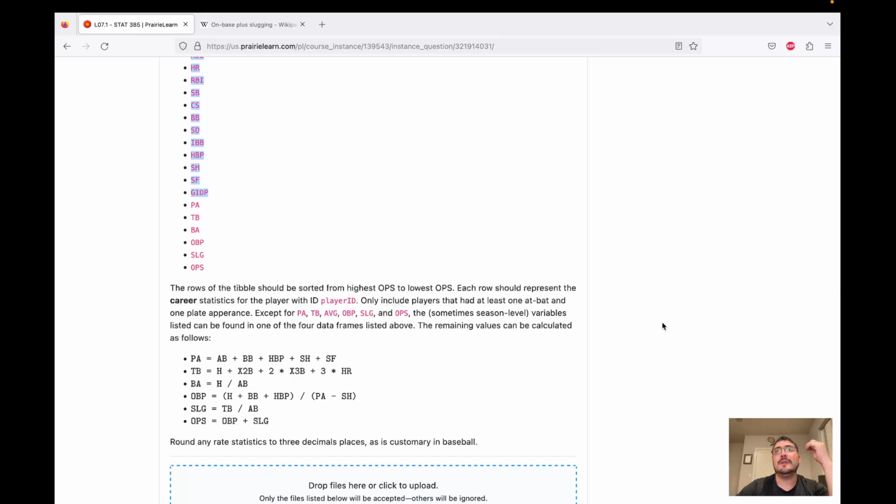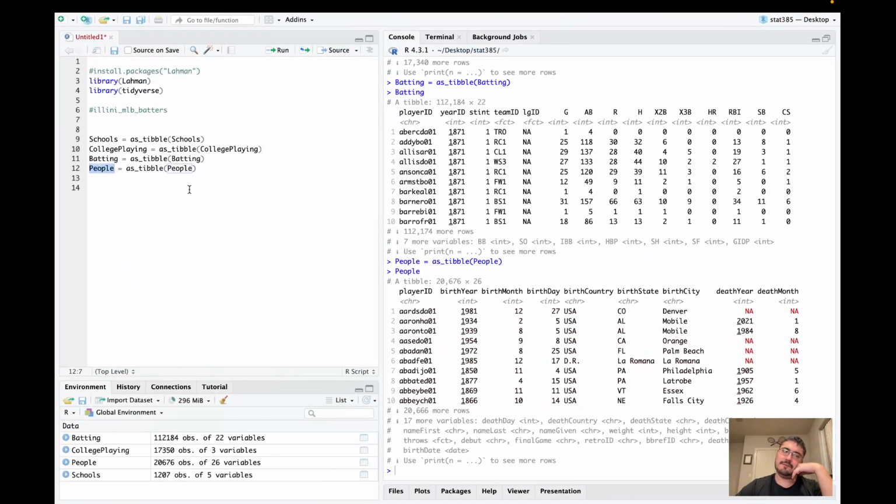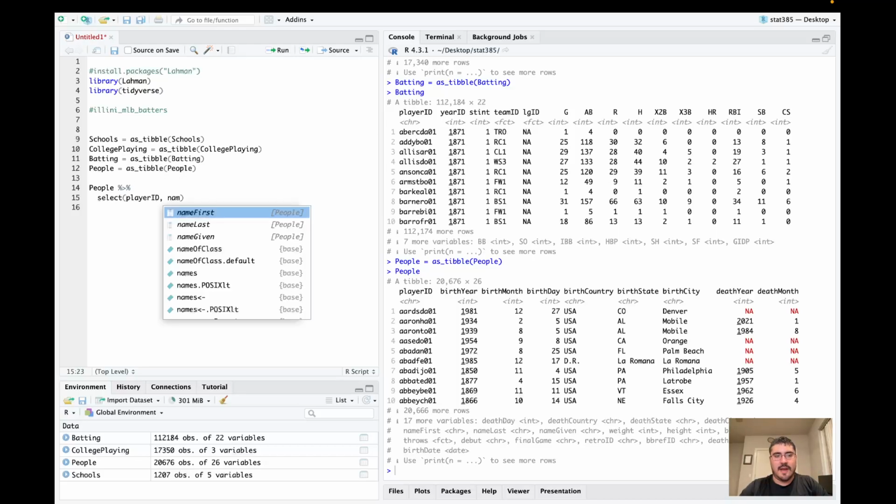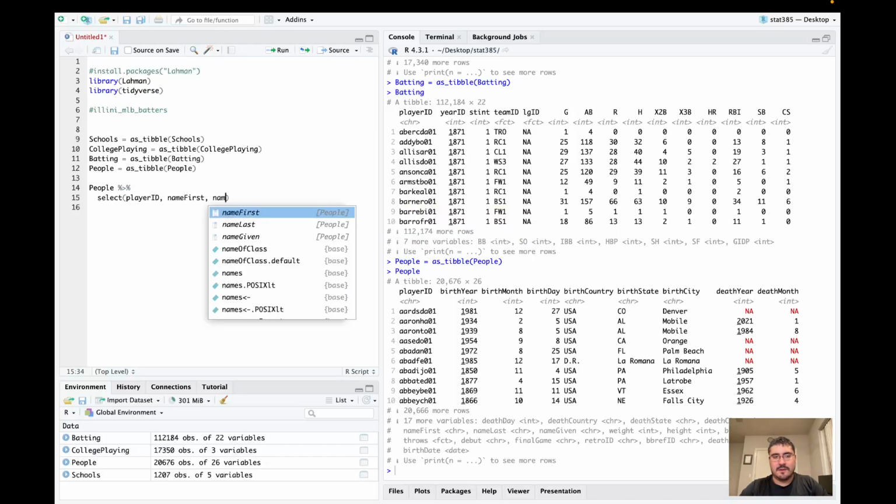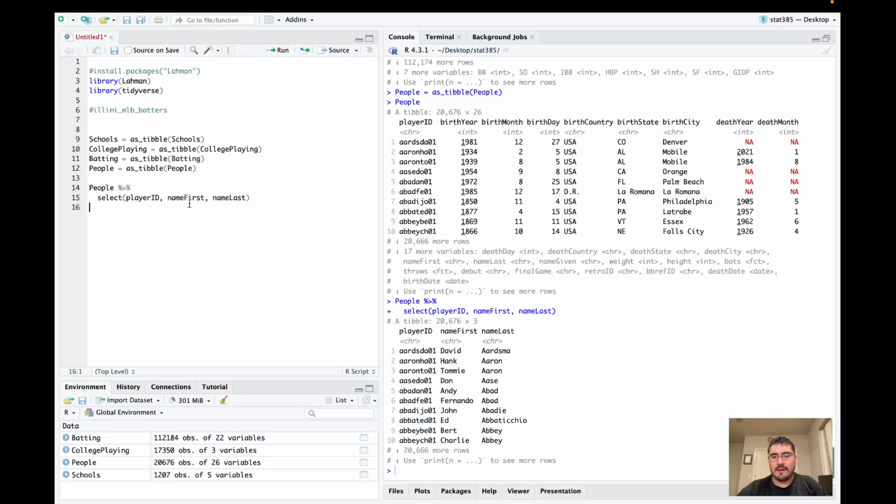Okay, first of all, let's just get started. Let's look at people and scan it: player ID, name first, name last. We can see the names of all of the players. And schools.